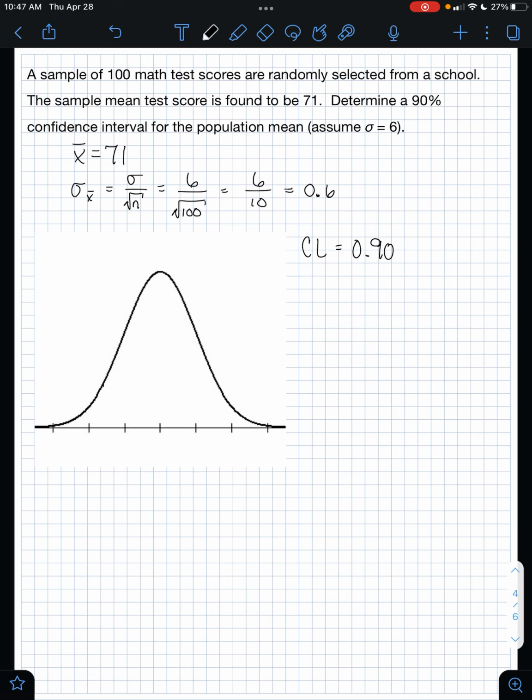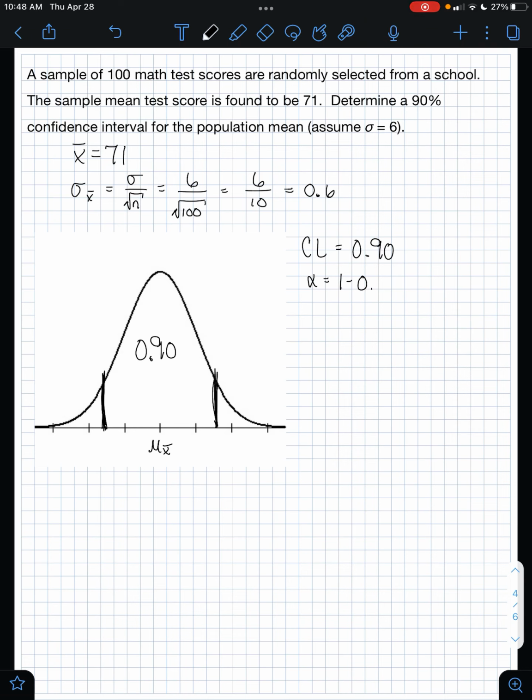So we have two of the three things we need to build our interval. We need one more thing, and that is the z-score. So we've got our unknown value of mu sub x bar, but we do know that we want to have a 90% confidence level, which means an interval to either side of mu sub x bar that encompasses 0.90 of the area under the curve.